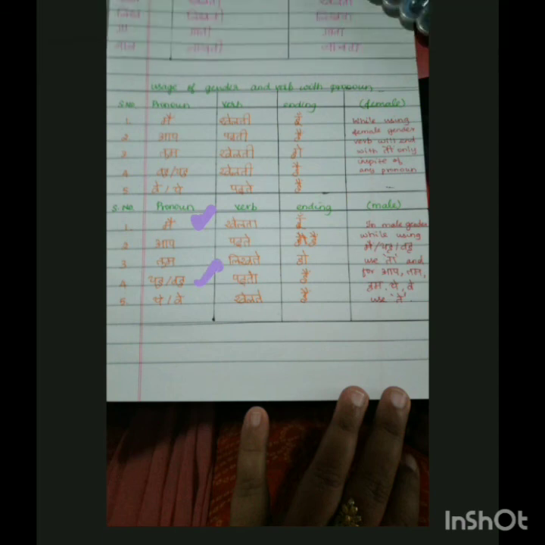Whenever you are using मैं, यह and वह, we use the aa matra: khelta, padhta and so on. And when we are using आप, तुम and the plural forms ये or वे, we use the e matra, that is padhte, likhte, khelte. So that's what is given here.